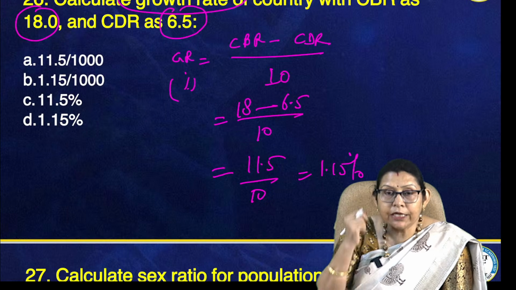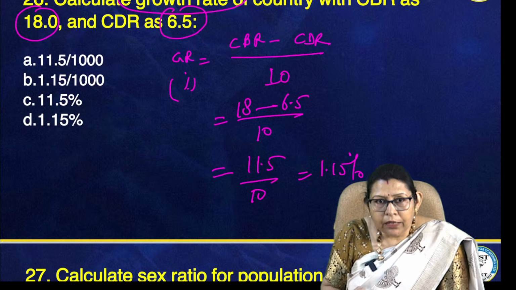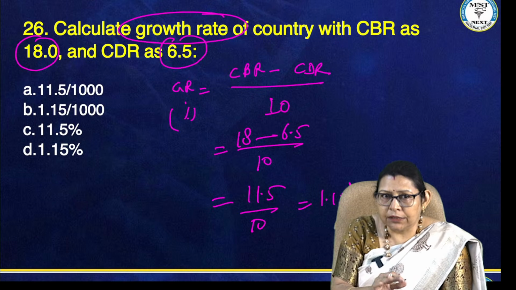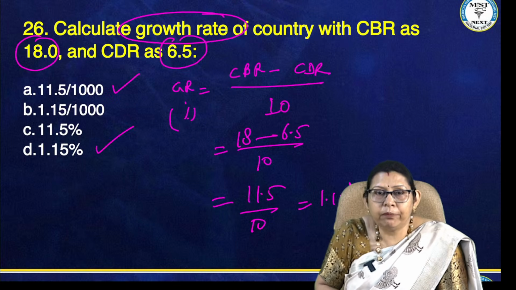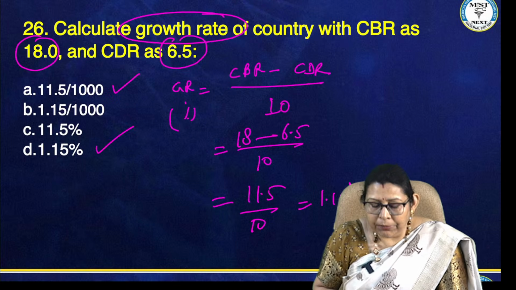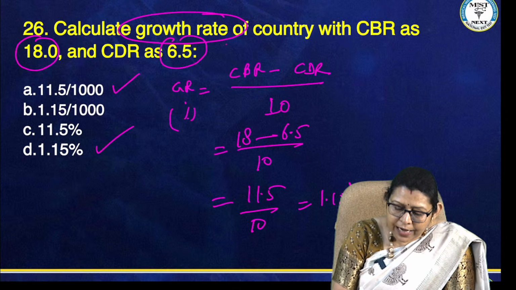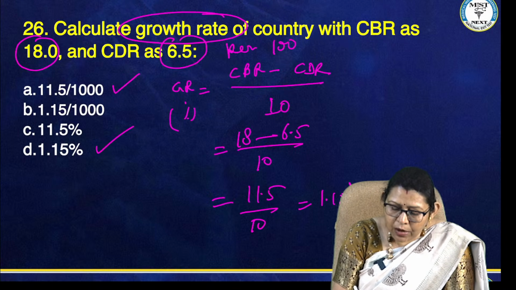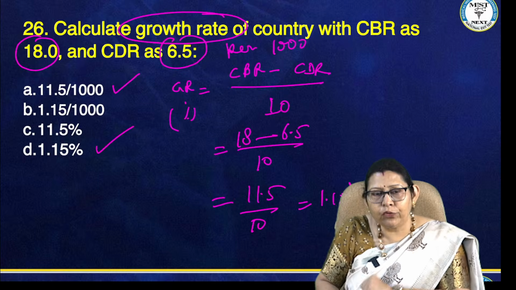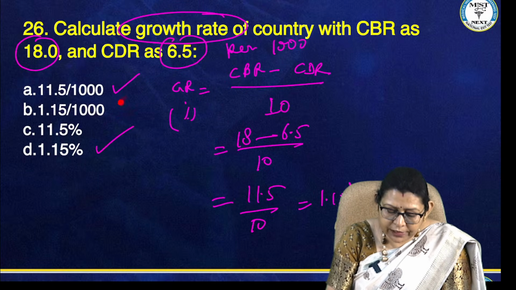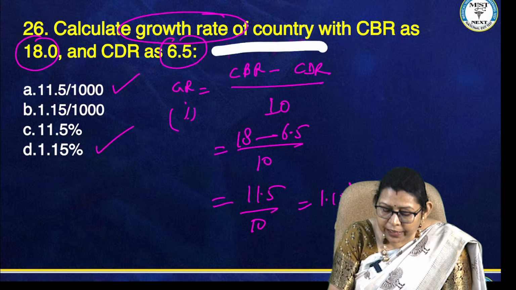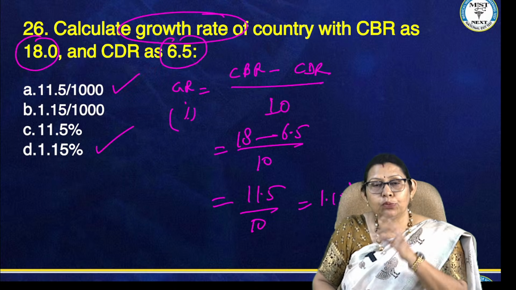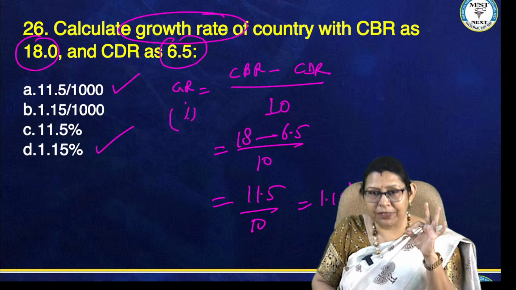Now here, those who are answering option number A, beta, you are correct. It is 11.5 per thousand or it is 1.15%. Both are correct. But if the question asked as per thousand, then you have to answer this as your correct answer. But if the question doesn't mention per thousand, the best way to represent is as percentage.